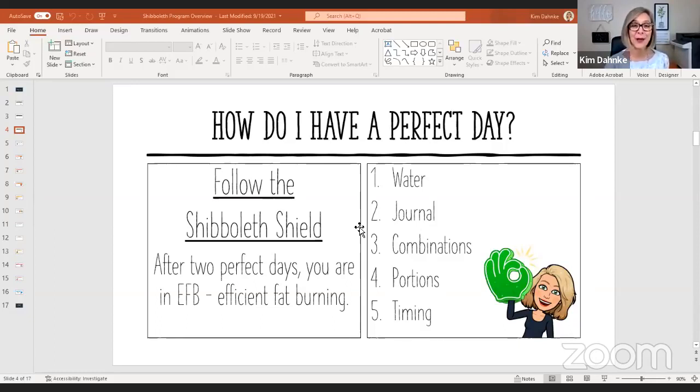And when I say safe, what do I mean by that? Safe from the results that you don't want, that you're trying to get rid of, and onto a new adventure. Okay. So there are 5 components to the shield, and they're listed here on the right-hand side: water, journal, combinations, portions, and timing.